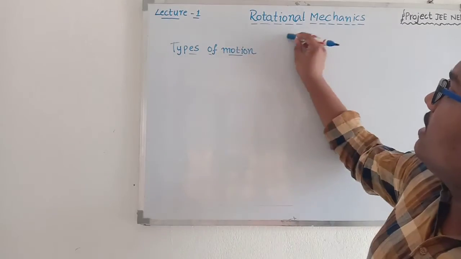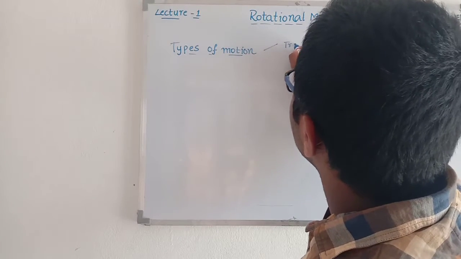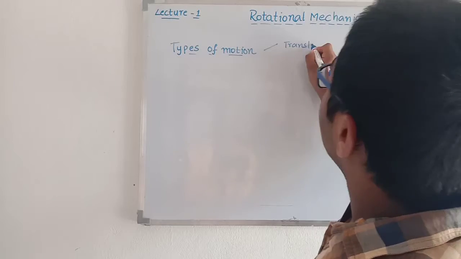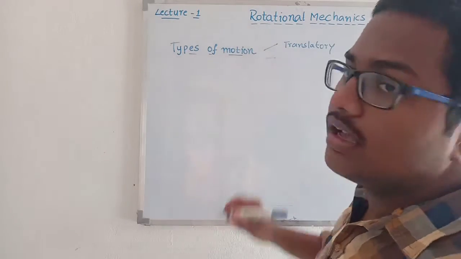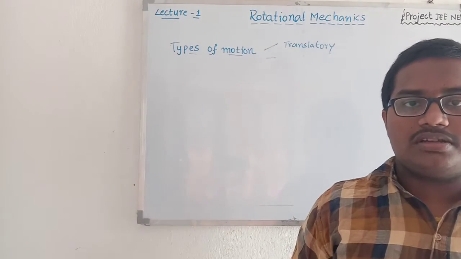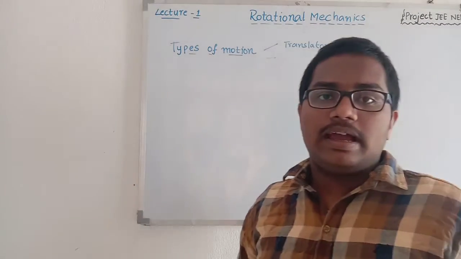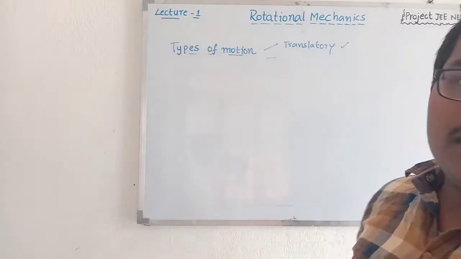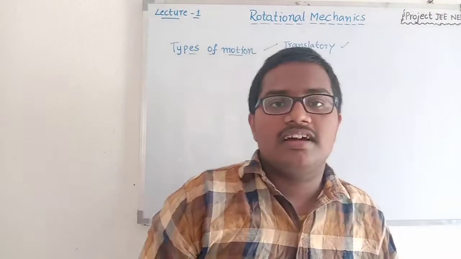The first one is translatory motion, the second one is rotational motion, and the third one is combined motion. We will discuss the first aspect now and the further topics in further discussions. So first let's start with translatory motion.